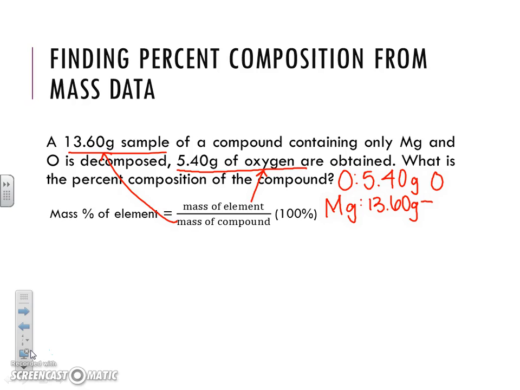So I can do 13.60 grams of sample minus the amount of sample that I know is oxygen, and I can use that to find the mass of the magnesium. So there was actually 8.2 grams of magnesium in the sample.